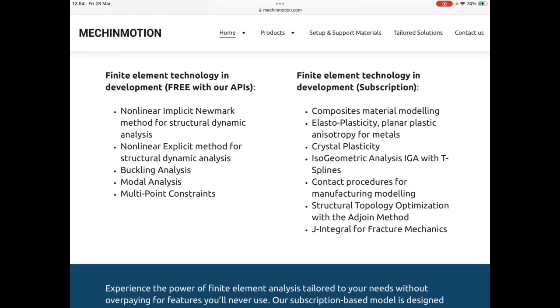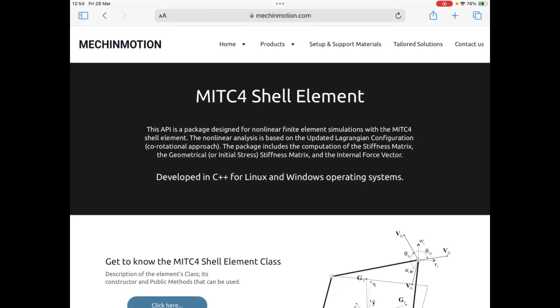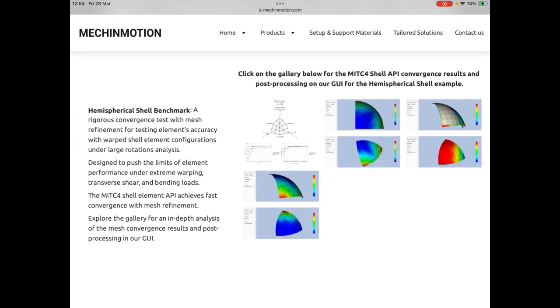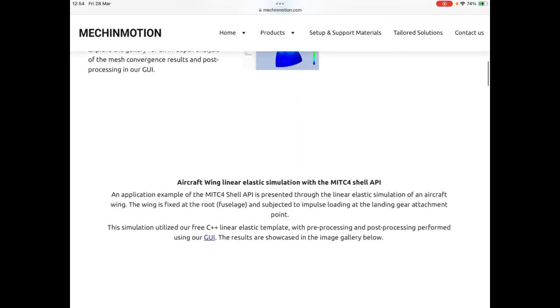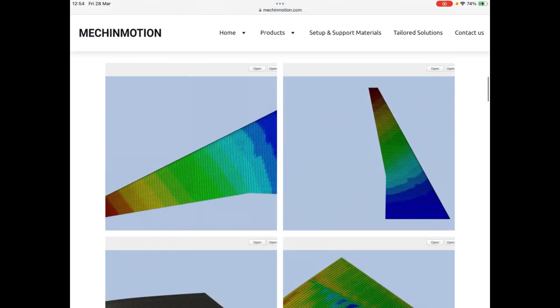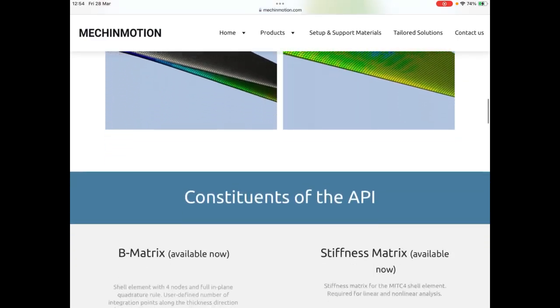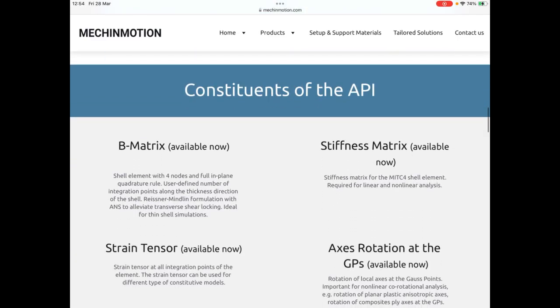Now the way it works. If you go, for example, to the fully integrated shell element, you have some introduction to the element with some benchmark analysis and test comparisons. We also have a pre and post processor tool where you can visualize results and build your input files to do the simulations.